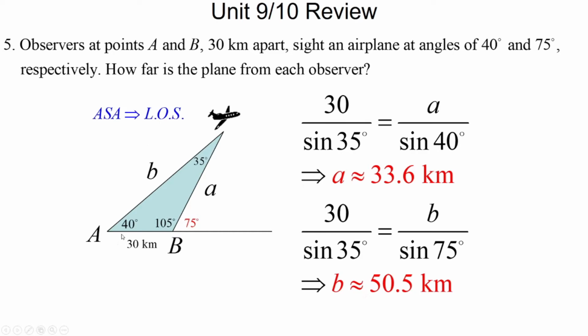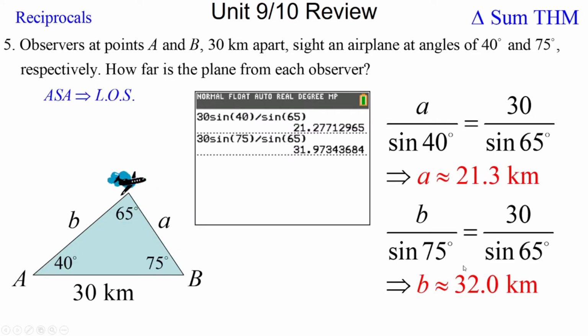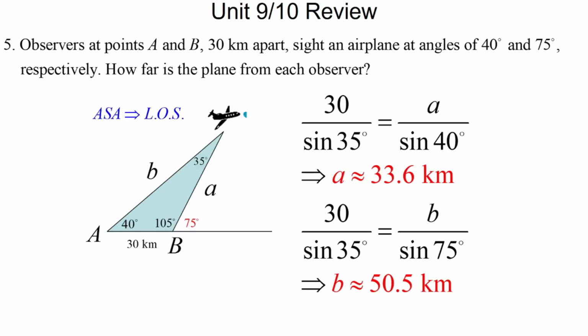So here's my AB right here of 30 kilometers, but if the plane is over here, I've got the 40 there, and I've got the 75 right there, and then you've got to find the 105 right there, and you get it that way. Totally different answers, all right? But both of these are very appropriate for that problem. I think the way we visualized it was a little simpler, but both would work.